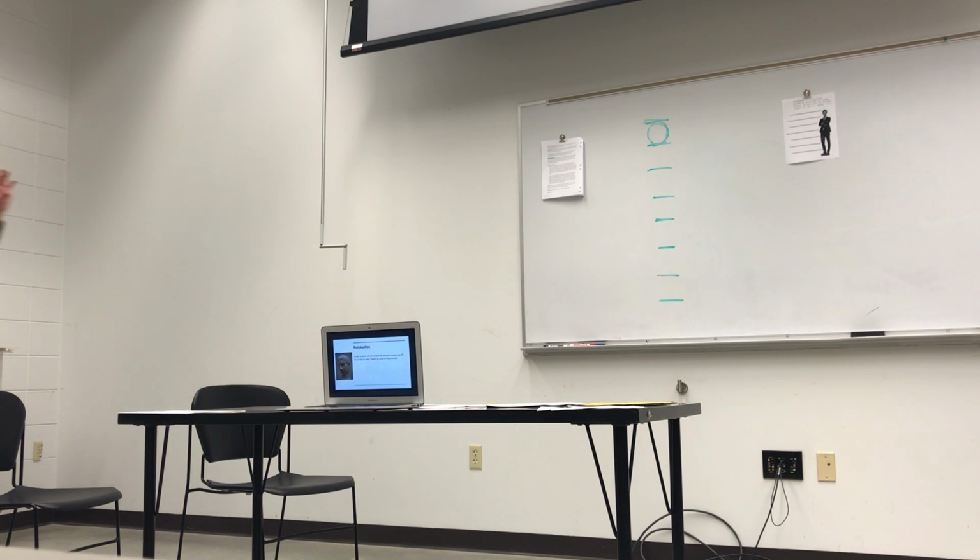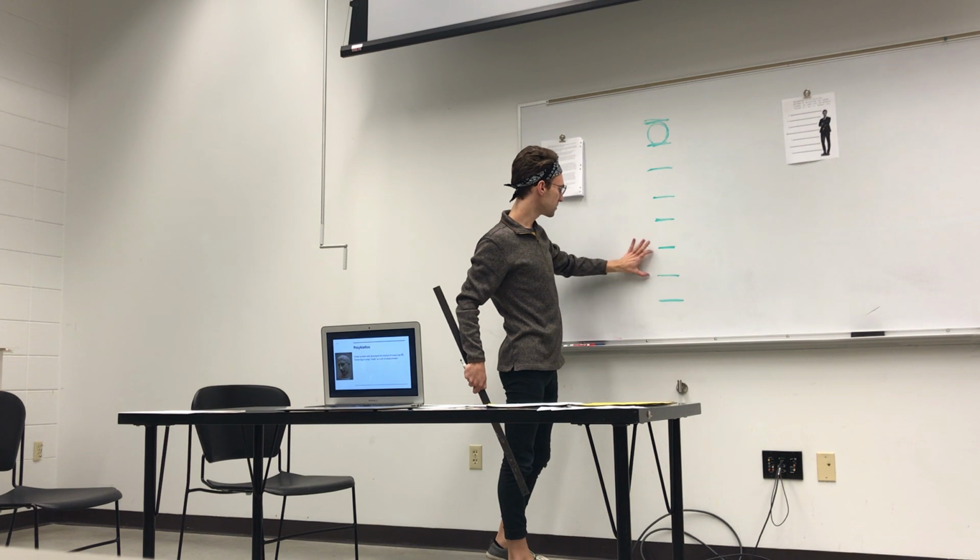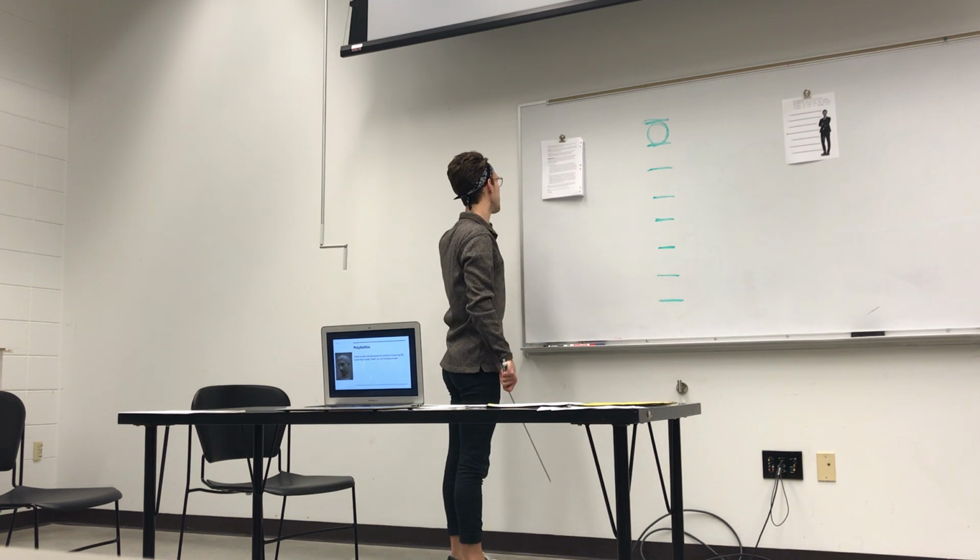So the goal is to have an even amount of space 7 times, about as even as you can make with looking at it with your eyes.